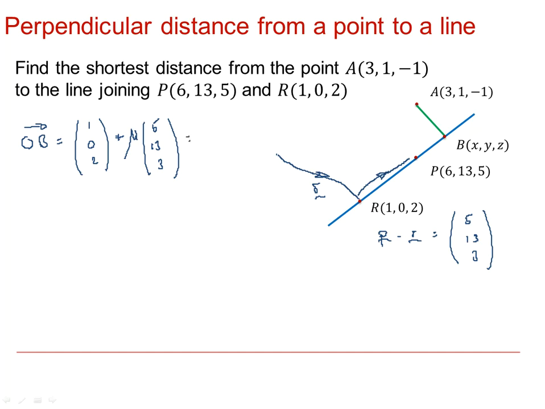And if we write that out as one vector, then it's (1 plus 5 mu, 13 mu, and 2 plus 3 mu).